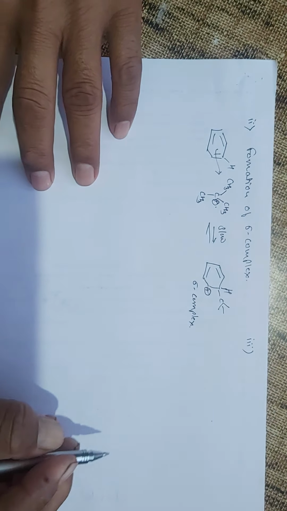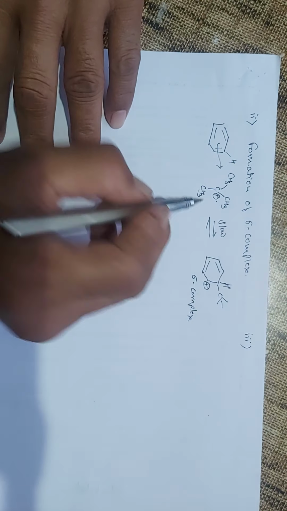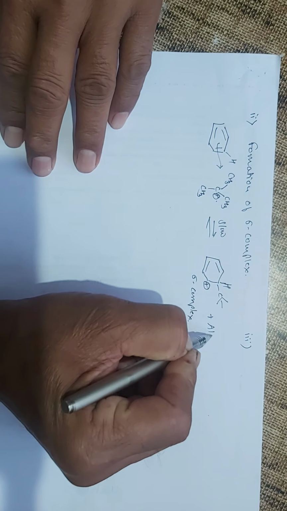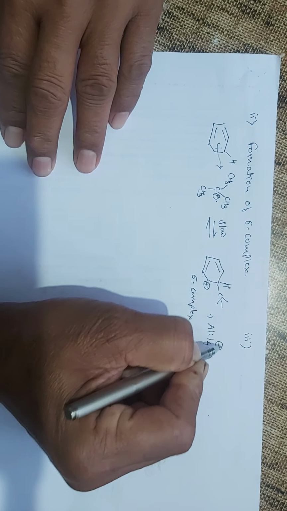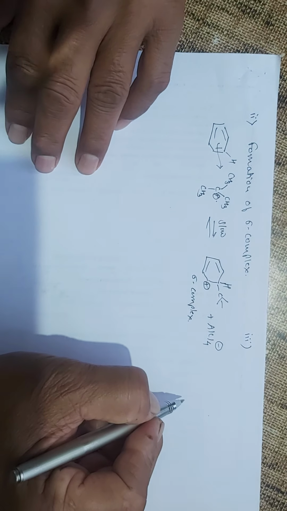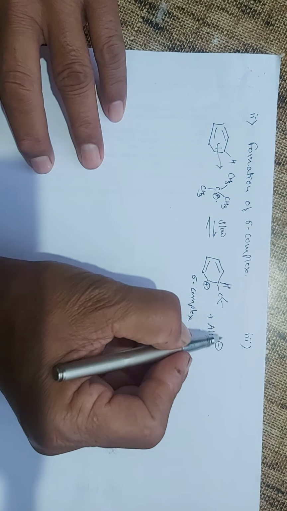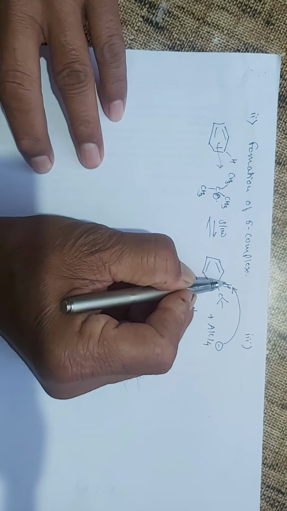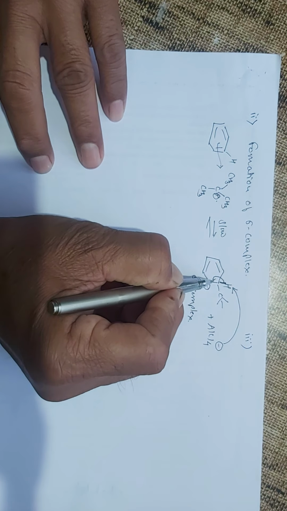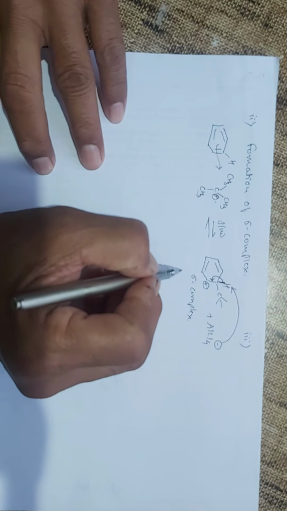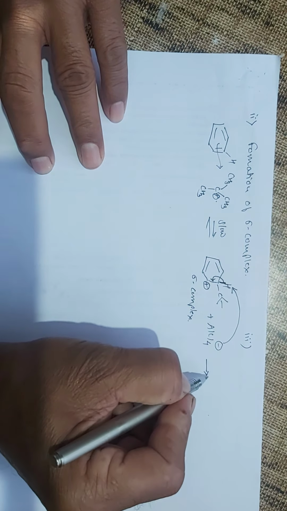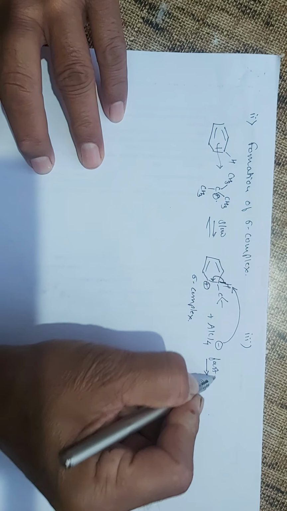the conjugate base, AlCl4 minus, abstracts this proton, and the electron pair of the proton is given to the carbocation of the ring, the sigma complex, and we get the formation of the product, which is a fast step.